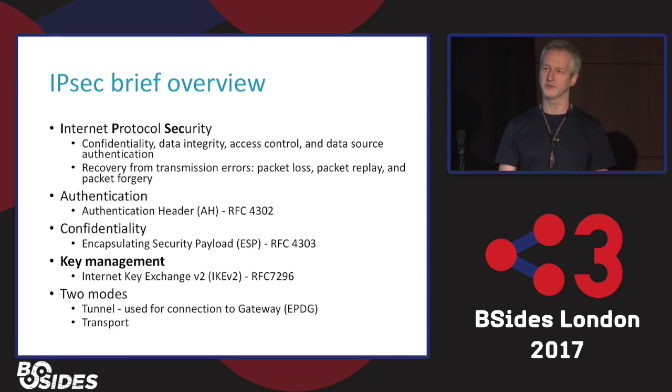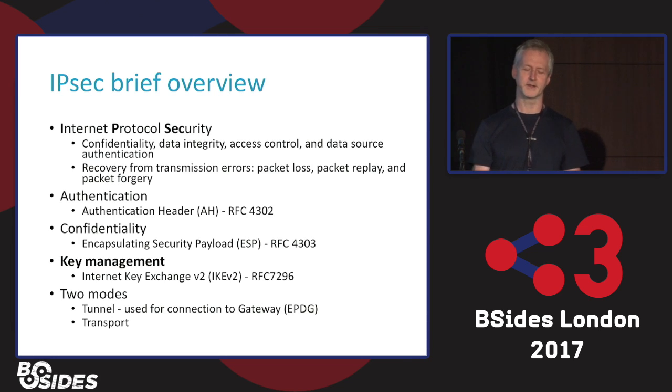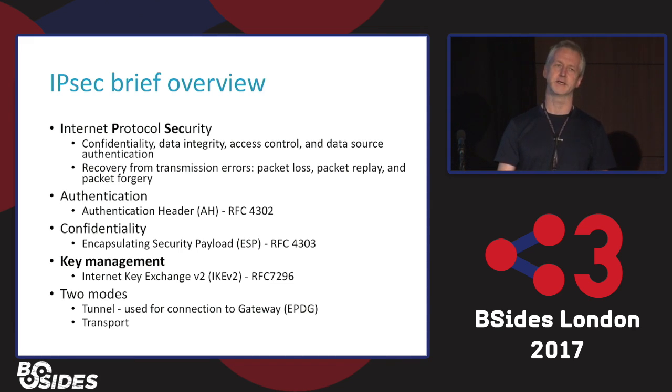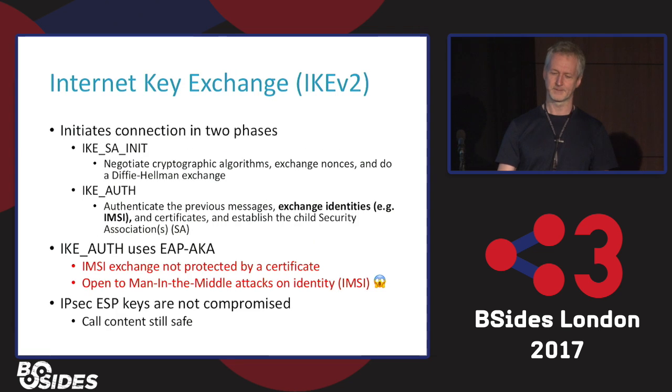There've been quite a few versions of IKE. It started with something called Oakley, I think, and then we had IKE v1, and now we're on to v2. IKE v2 operates in two modes, tunnel mode and transport mode. The tunnel mode is used for connection to the Edge Packet Data Gateway.